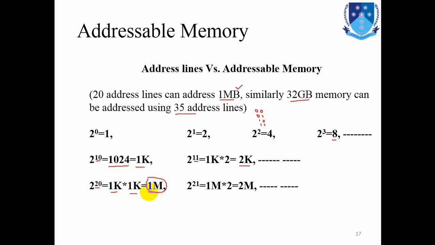Remember that to address 1 mega or 1 million locations, we must use 20-bit addresses. Similarly, to address 2 million or 2 mega locations, we have to use 21 binary bits, or the address will be 21 binary bits for each location.